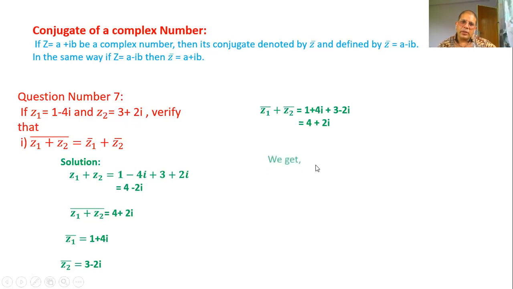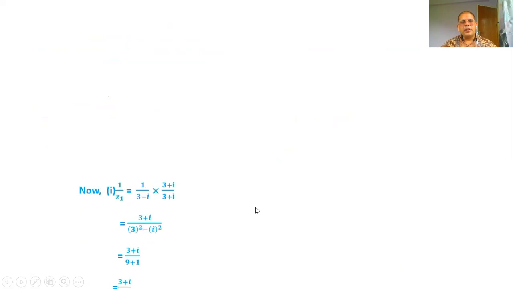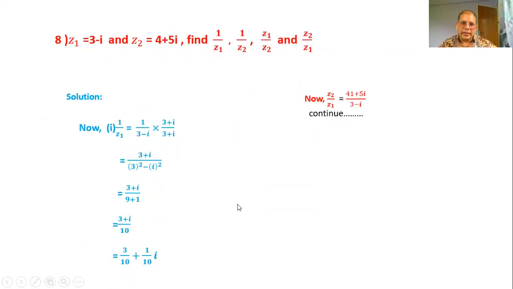So we get the conjugate of z1 plus z2 is equal to the conjugate of z1 plus the conjugate of z2, which is equal to 4 plus 2i. Now you got the conjugate of (z1 plus z2) equal to conjugate of z1 plus conjugate of z2. It is verified.